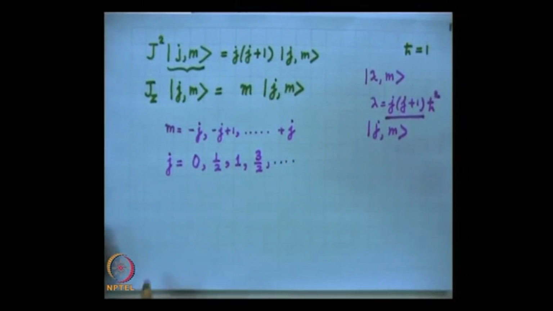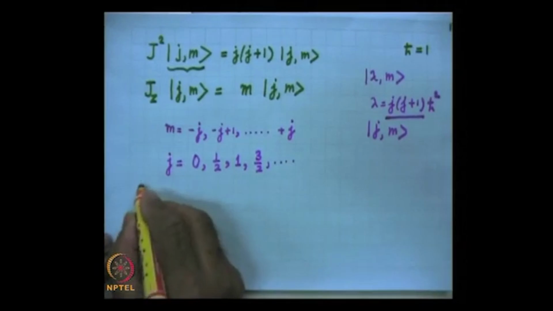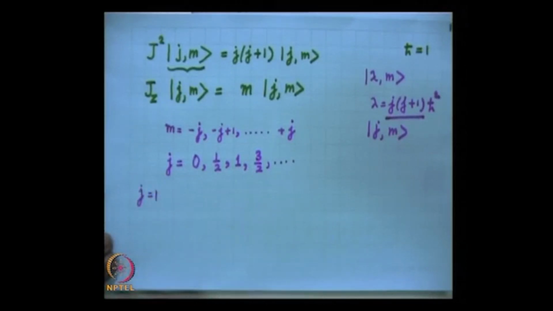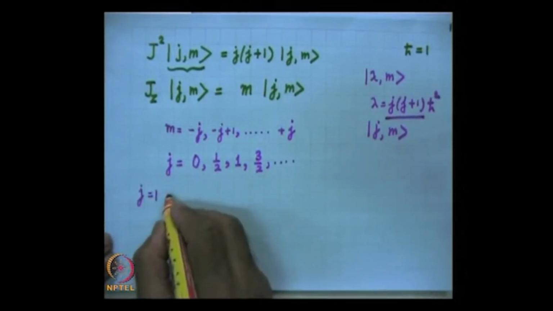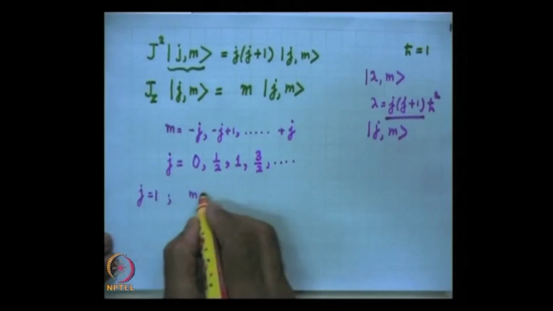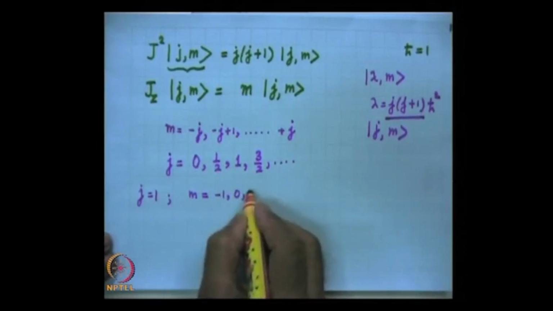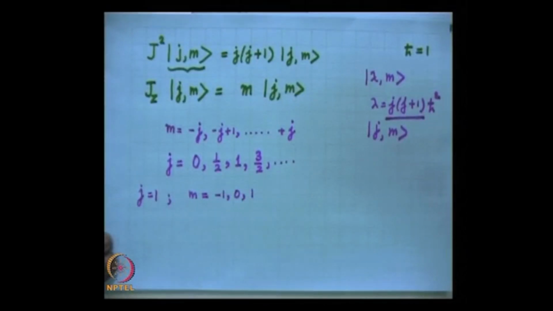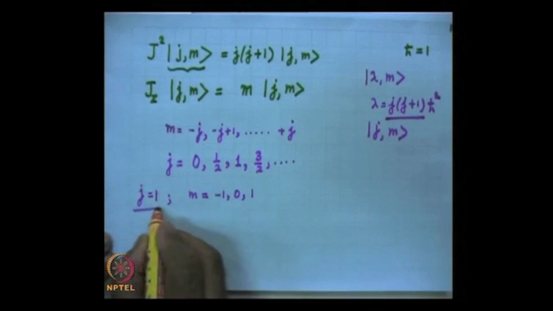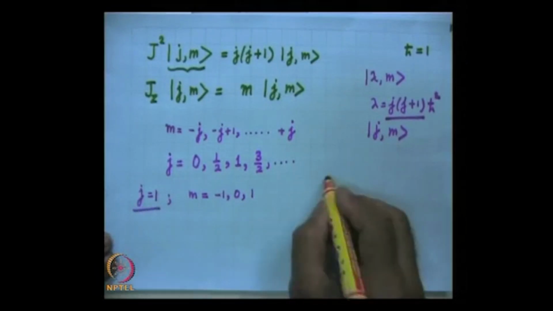Now, let me take a simple example. Let me take the example j is equal to 1. Then there will be 3 values of m: minus 1, 0, 1. So, corresponding to the eigenvalue j equal to 1, there will be 3 eigenkets.